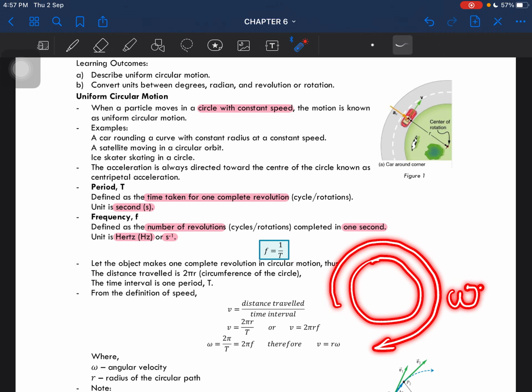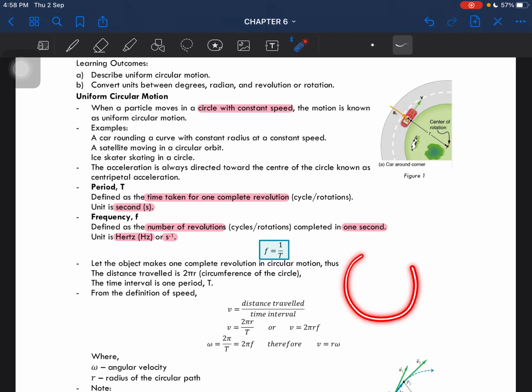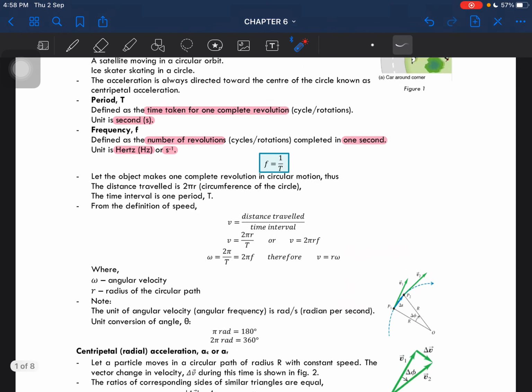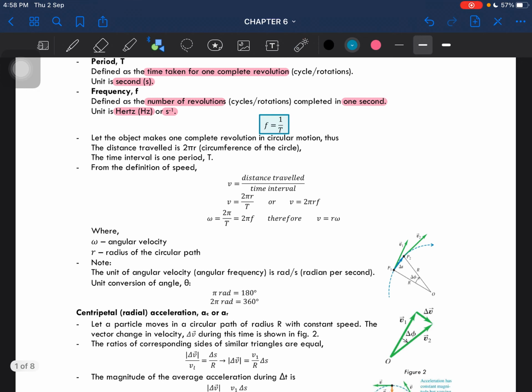The difference between angular velocity and tangential velocity is that tangential velocity is something like this. It is always perpendicular to the centripetal acceleration, which is a_c. Okay, right, so the formula for angular velocity is 2 pi f or 2 pi over T.